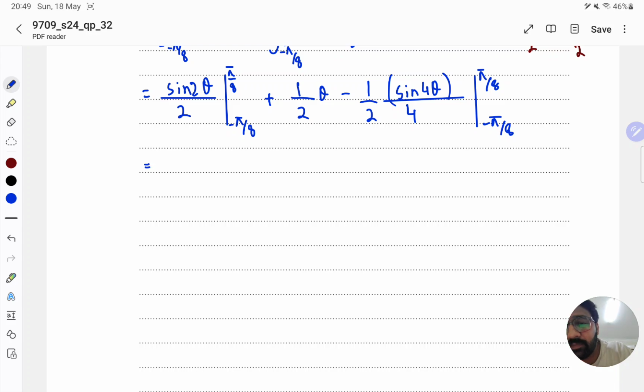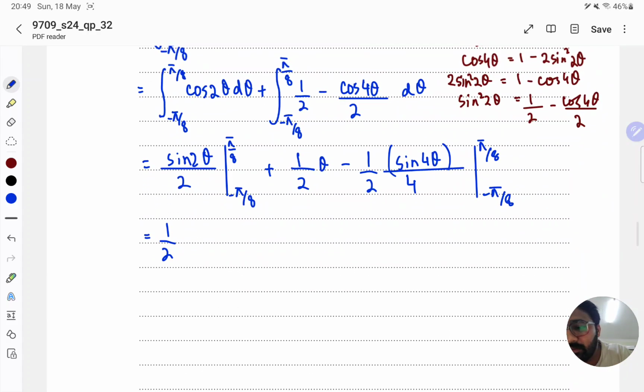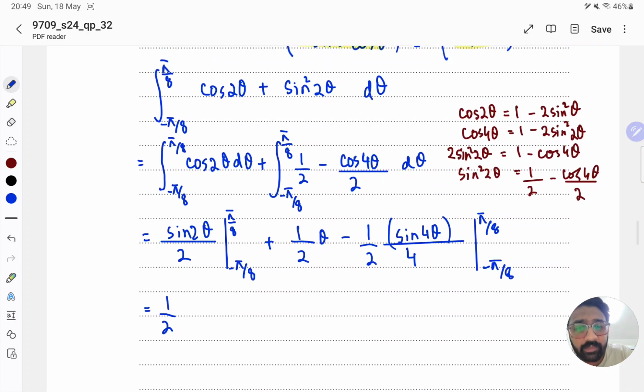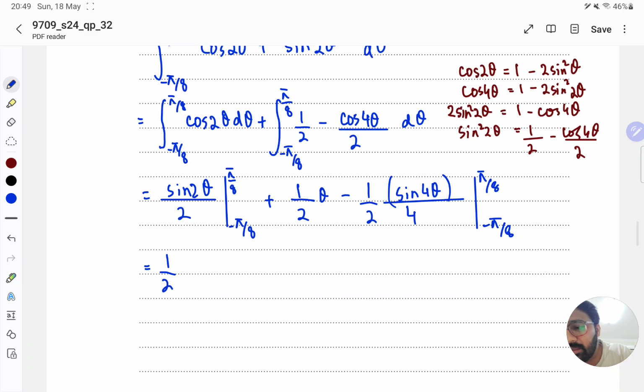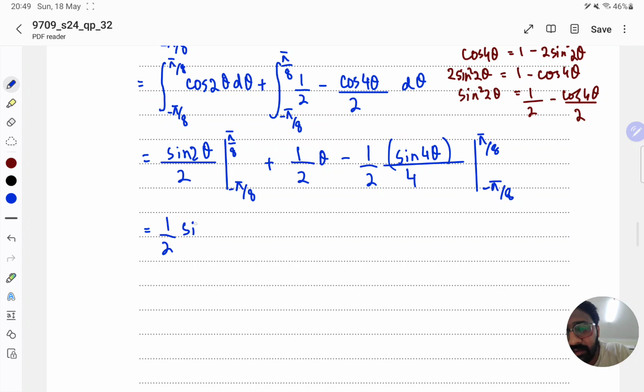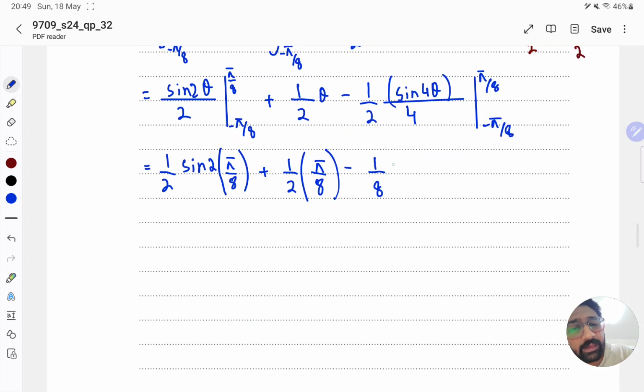So the first one is 1 by 2 common, so it is going to be sine 2 times theta, which is pi by 8, plus 1 by 2 into pi by 8 minus 1 by 8 into sine 4 times pi by 8.